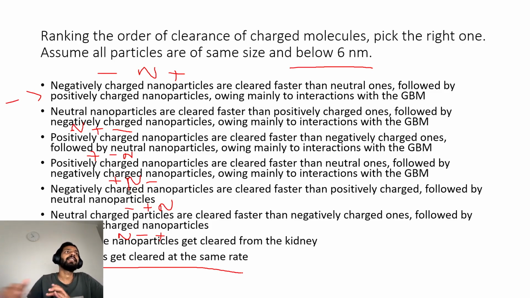So essentially, they're asking us to pick the correct one. Is it that negatively charged particles get eliminated the fastest, followed by neutral, and at last the positively charged particles get slowly eliminated, or one of the several other scenarios?